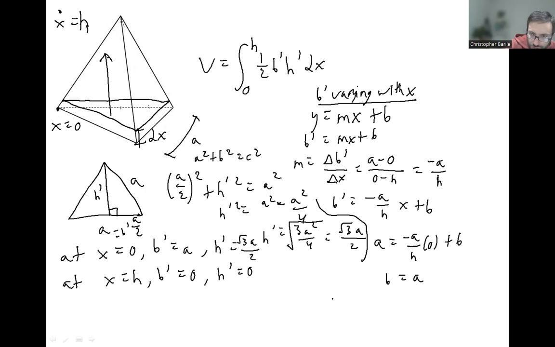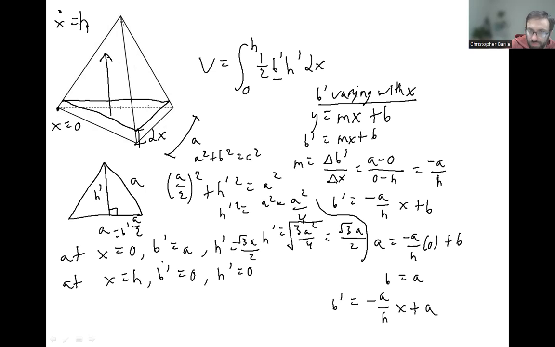And so at this point, we have a nice expression. We figured out what b prime is as a function of x, which is going to help us plug it in up there into our integral. So b prime equals negative A over H x plus A. Okay.